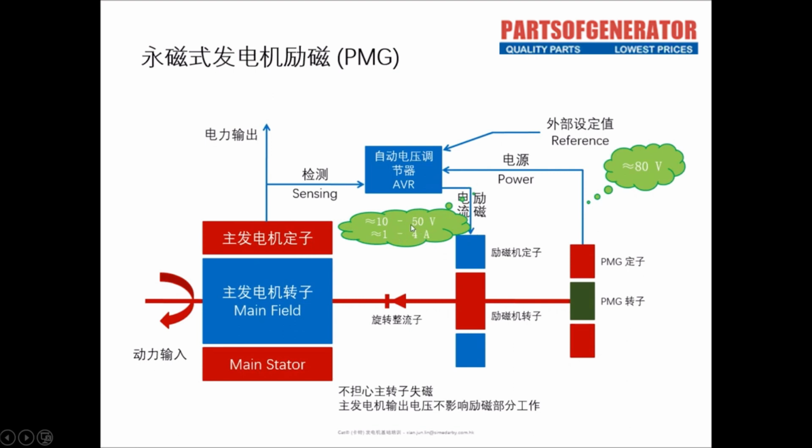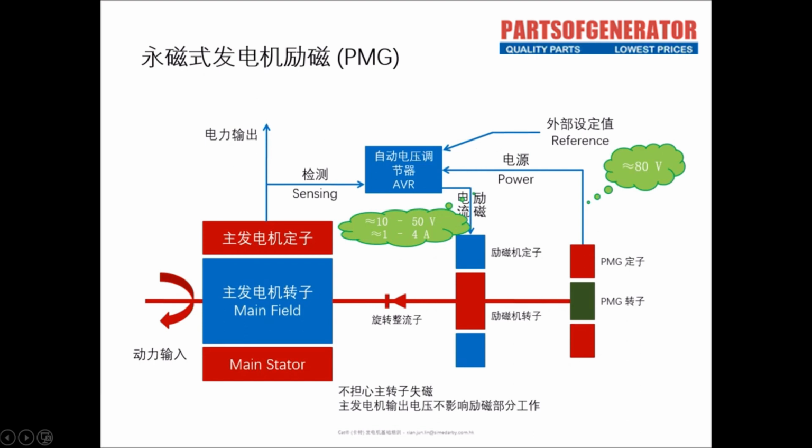Generally speaking, under no load conditions, the voltage of the excitation may be 10 volts, about 1 or 2 amps. If the generator reaches the rated power output, the excitation voltage may rise to 30 to 50 volts, and the current will be 3 to 4 amps.